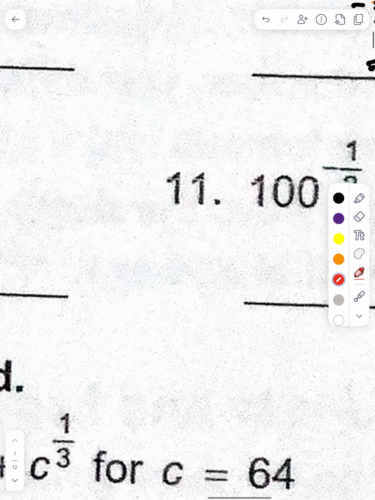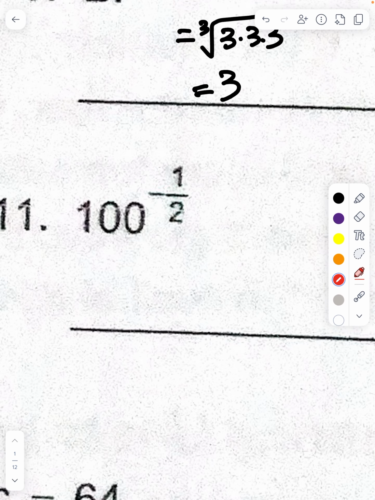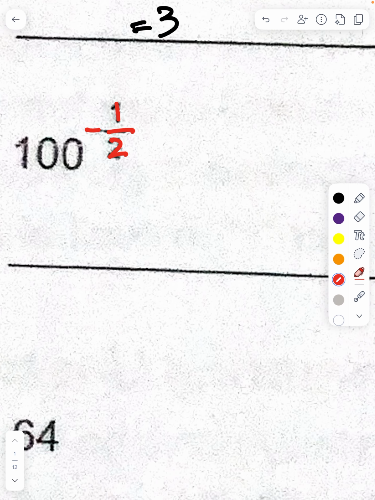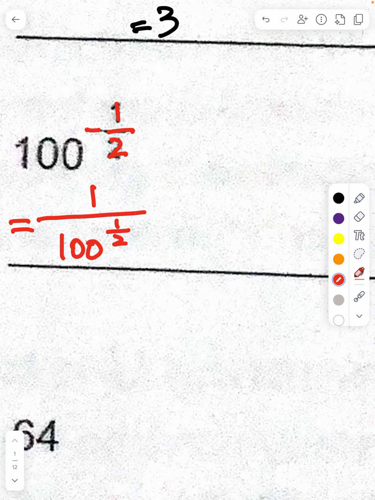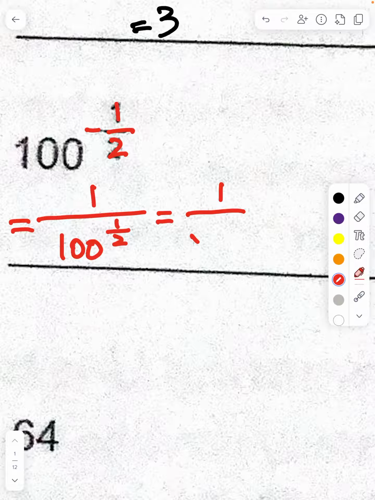Number 11, right here. Okay, the power, I believe this is negative 1 over 2. When we have a negative power, we need to change it to a positive power by rewriting it as a positive power, and then a big fraction. So this is equal to 1 over square root 100.